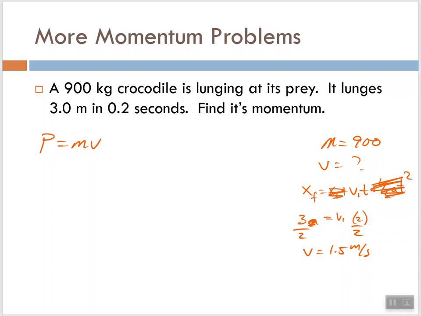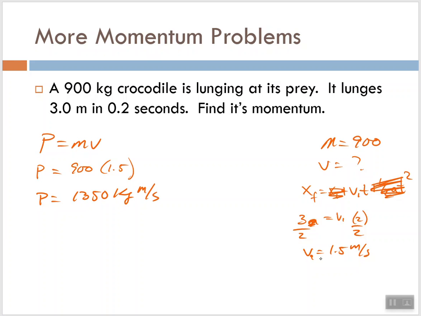It's actually its average velocity. Find its momentum. Momentum is mass, which is 900, times its average velocity here of 1.5. Now, we get momentum then is equal to 1350 kilogram meters per second.